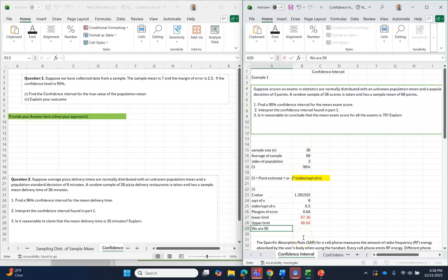So we are 90% confident that the unknown mean of the population lies between the lower limit, which is 67.36, and the upper bound, which is 68.64.